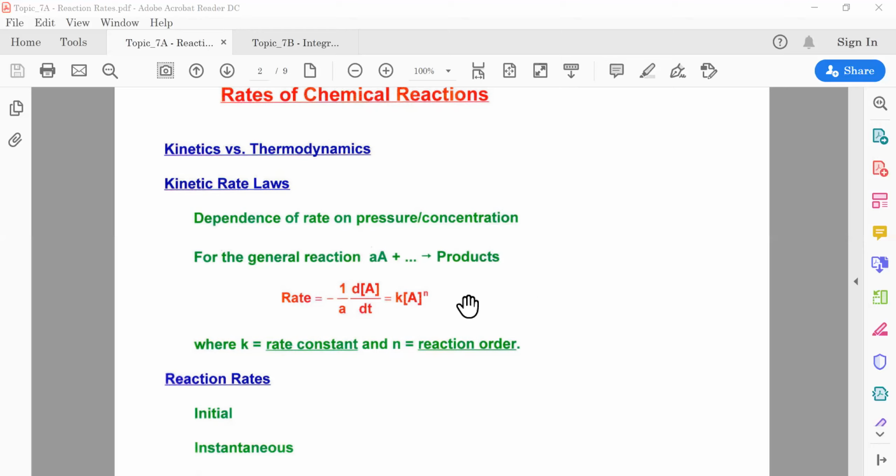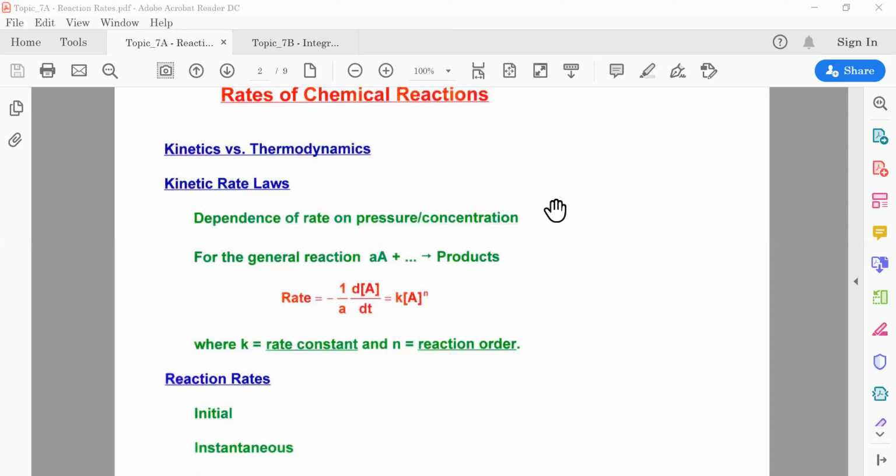But the general observation, and we're going to see several examples of that in today's class, is that the reaction rate for almost all chemical reactions depends on the pressure and the concentration for a very simple reason. And that is because when there are an initial amount of gases or liquids or whatever the reactants may be, they react by colliding with each other, either in the gas phase or in solution, in the liquid phase.